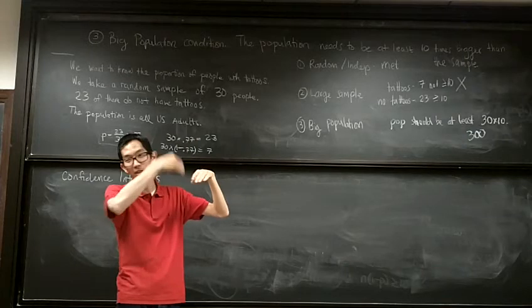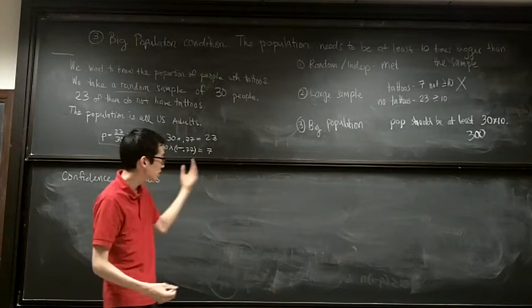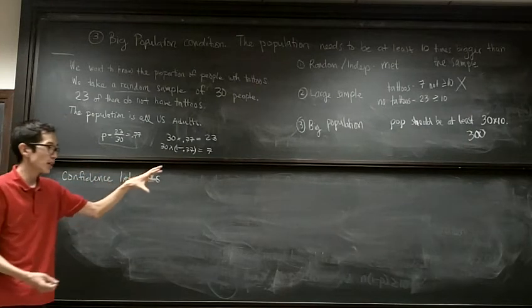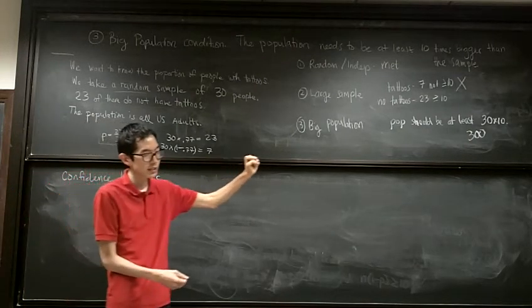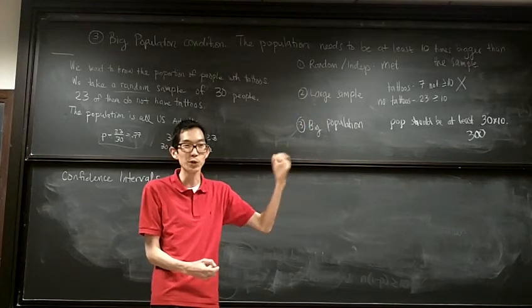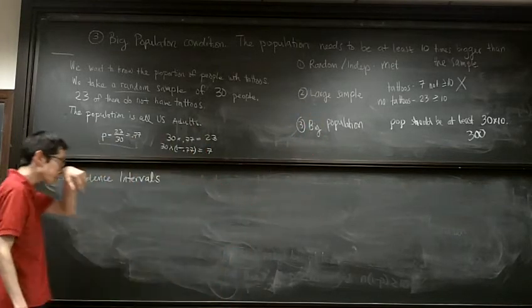The confidence interval is basically the same type of thing. We use our sample proportion as our best guess, and we say plus or minus a margin of error. And there's a formula to figure out that margin of error.